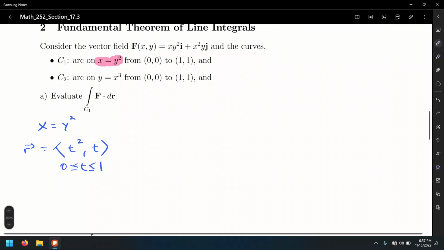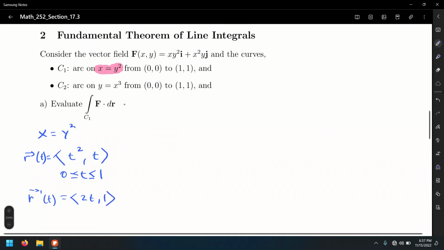So what do we need in this case? We need the derivative r prime, which in this case is 2t and 1. Now let's go back to the integral over C1. That's the integral from 0 to 1. What do we have?